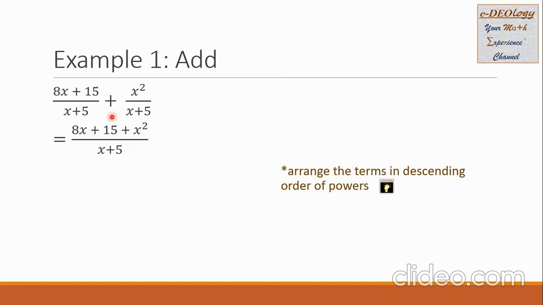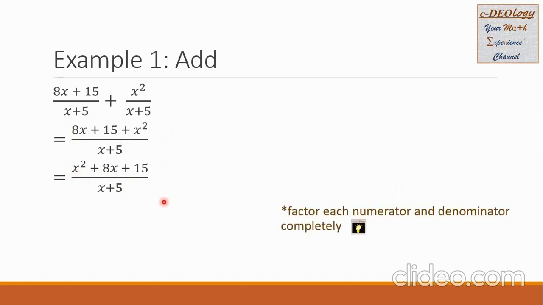Let us arrange our numerator in descending order of powers. It means our x squared comes first, followed by the 8x, and then plus 15. In the denominator, it will be just the x plus 5. Let us factor out the numerator and the denominator completely.